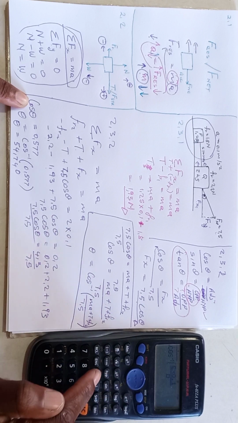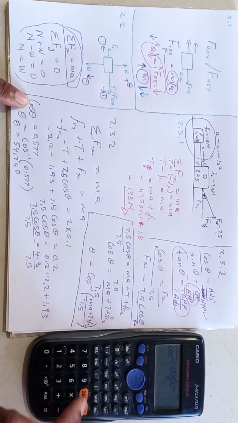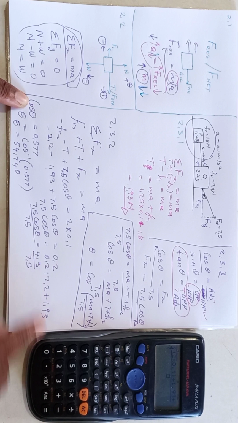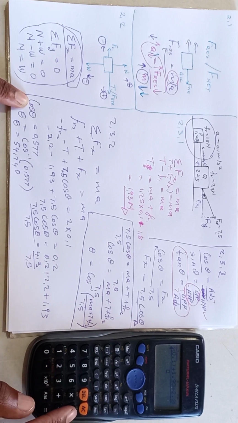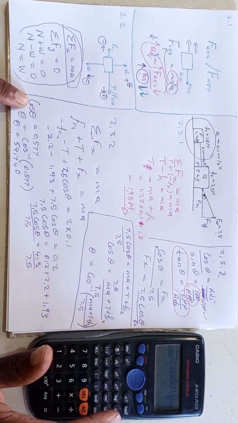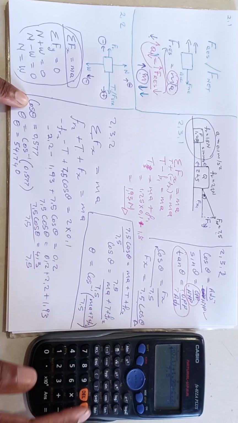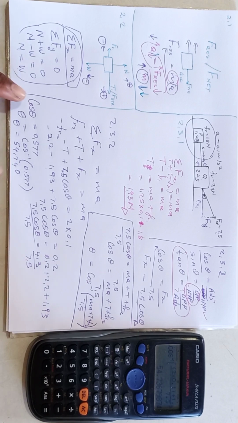They would put brackets so your calculator does not flip it up, and they would say plus the tension force, which is 1,93. They would add the friction force 2,2, and they would put 7,5. Brackets will be closed, then the answer would be exactly the same. So you take any method that seems to be working for you.